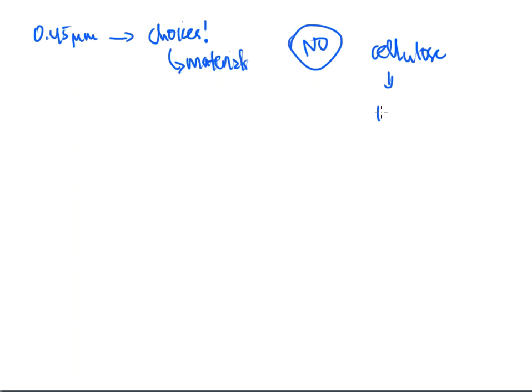Cellulose actually has a tendency to release ions, and they're not very stable at high pH levels. Because of that, this is going to contaminate your mobile phase for you, and if you want to stay super clean and you want your baseline minimized, then cellulose could be a problem.